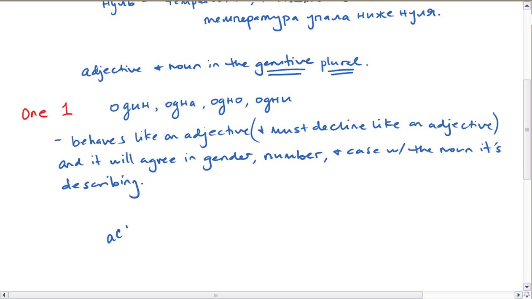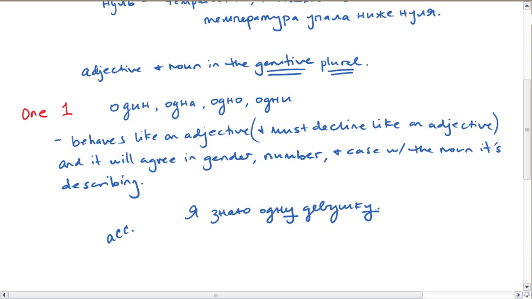So in the accusative case, remember, if it's a masculine animate noun, it's going to have the genitive case ending. So let's look at some accusative case. Я знаю одну девушку. Right? So одну девушку.